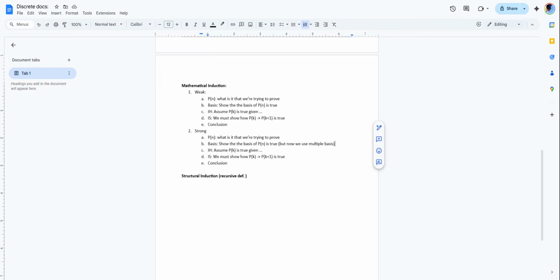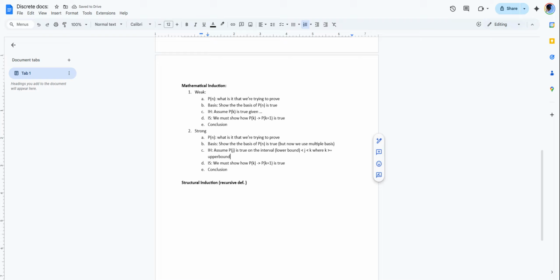Your inductive hypothesis is now going to be a little different, where now we assume something like, assume pj is true, given it is true on the interval where j is your lower bound and k is your upper bound.